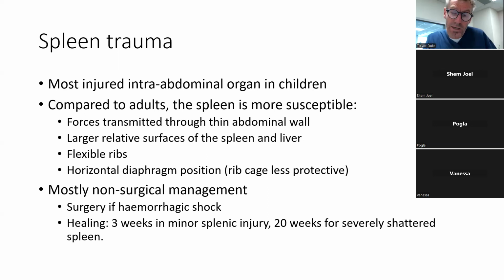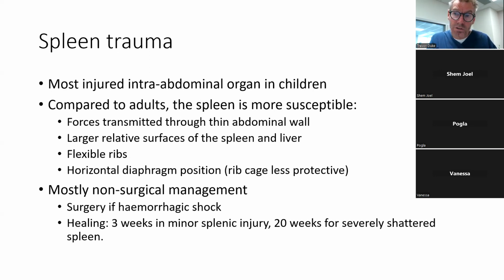Now, of course, if a child's got a vascular injury that's just bleeding a lot, then sometimes that will require a splenectomy, and sometimes it will require some salvage surgery to repair the vascular tear in the spleen, and sometimes it'll require even embolization of one of the bleeding vessels, so that part of the spleen infarcts, but the rest of the spleen is present.